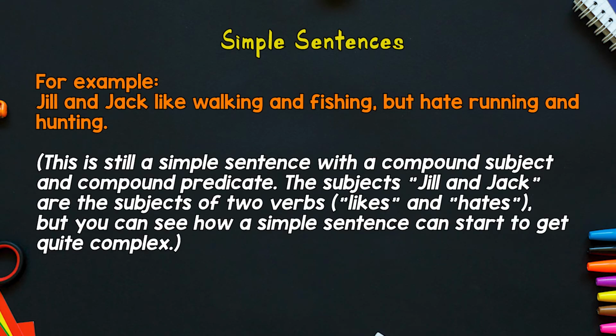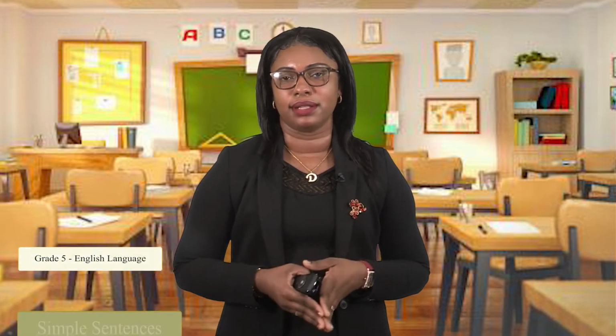So here we see we have compound subjects, which are Jack and Jill. And we also have compound predicate, which are walking and fishing. Now, this is still a simple sentence, but remember that we have compounded the subject and the predicate. So you could see, even though the sentence is referred to as a simple sentence, it can get quite busy.